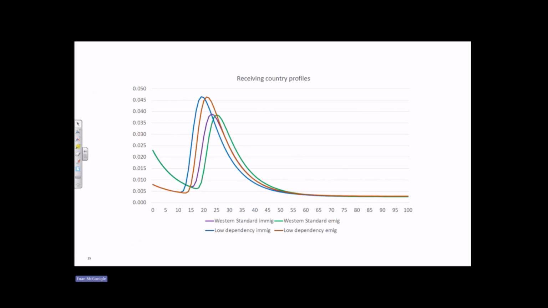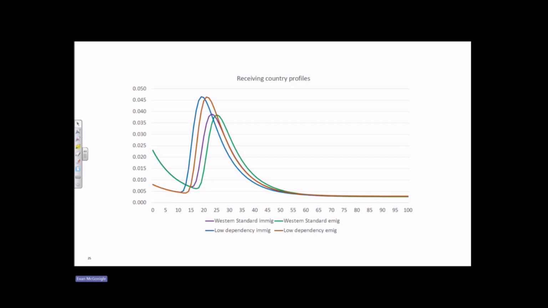It has both the Western standard and the low dependency standard. The main difference in the Western standard is this big downward slope of children migrating, whereas the low dependency is much lower and more concentrated on the adult age groups. The Western standard also is a bit older in terms of its age profile.